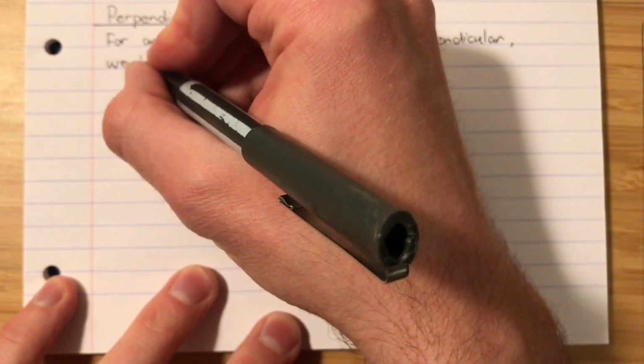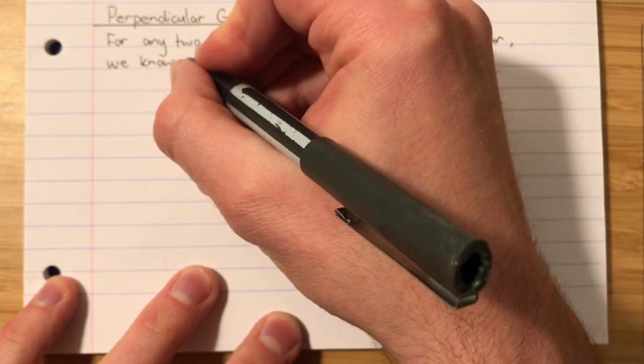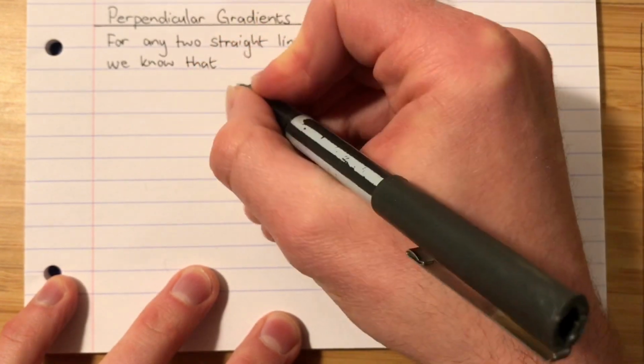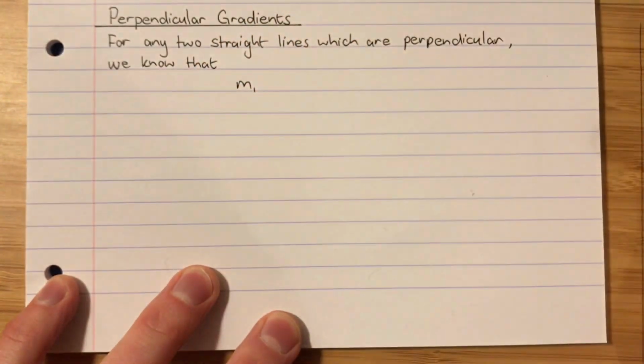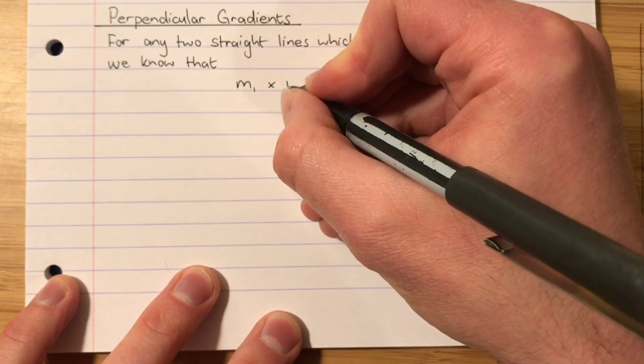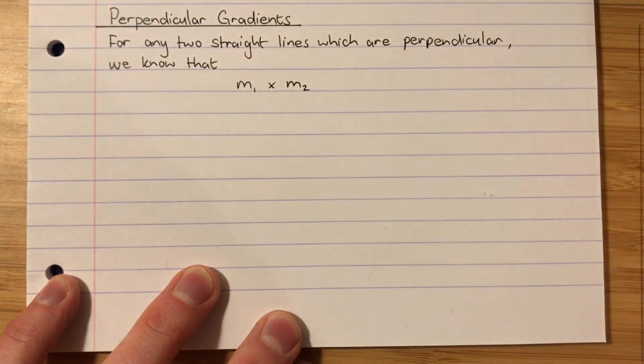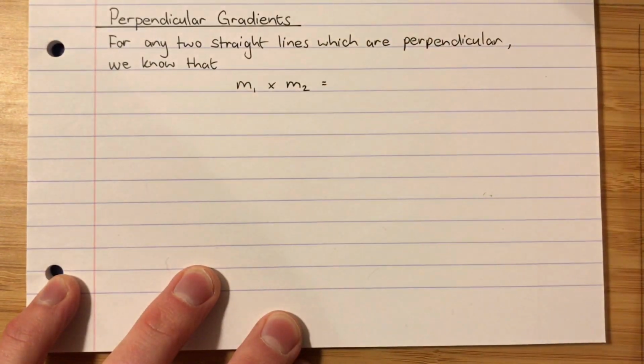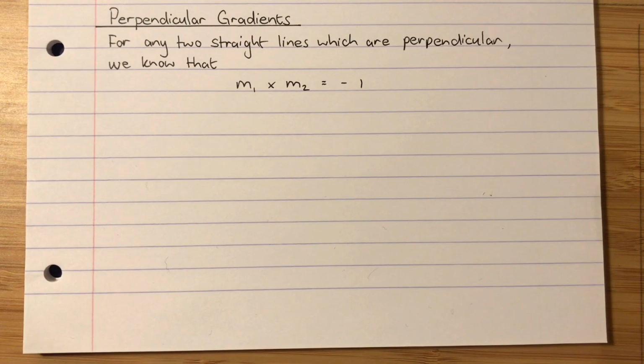We know that the gradient of the first line, which we'll call M1, multiplied by the gradient of the second line, which we'll call M2, always must give us an answer of -1. Okay, that must always be true.